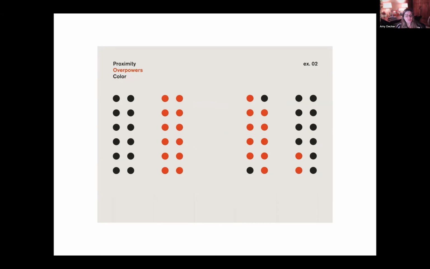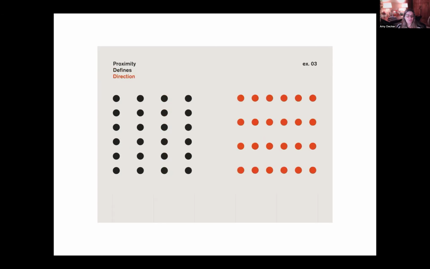You can see here that the circles still appear grouped even when they differ in shape or color. Thus, proximity is stronger than, for example, the principle of similarity. So even though some are red and some are black, you still see two columns of dots over grouping all the red and all the black.